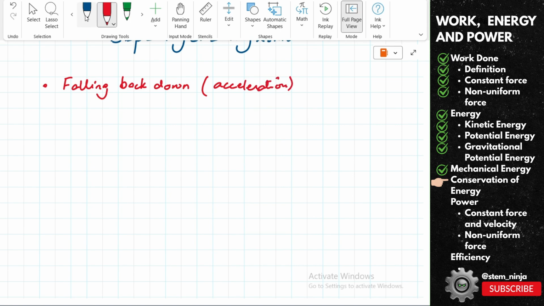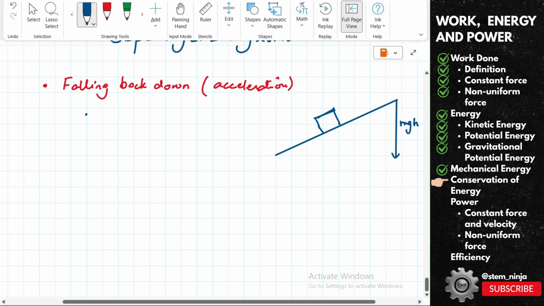So let's see what happens. Same forces are acting over here, same calculation that we will apply over here, but it is now accelerated. So the loss in height would still be the mgh, where delta h is again the x sine theta. Let's say the x covered is this. The force that is actually causing the acceleration is the mg sine theta.